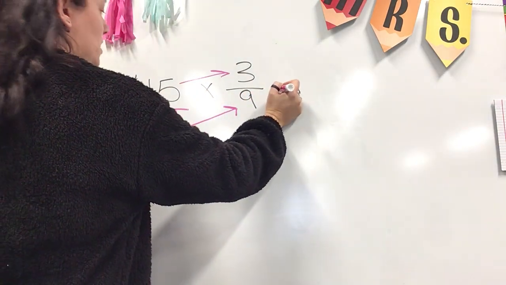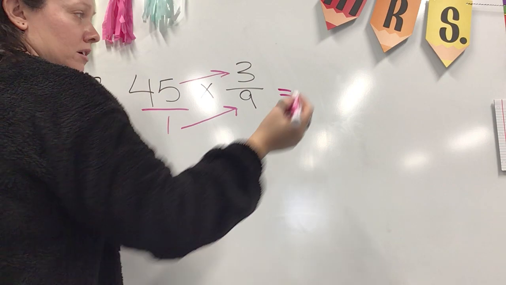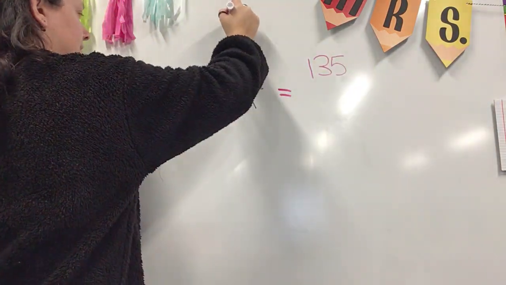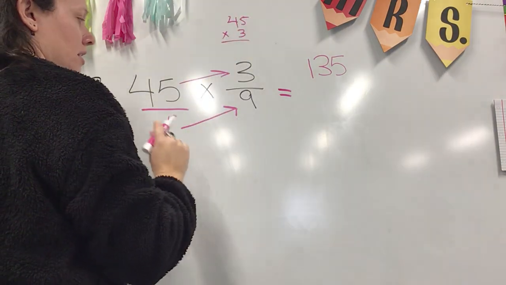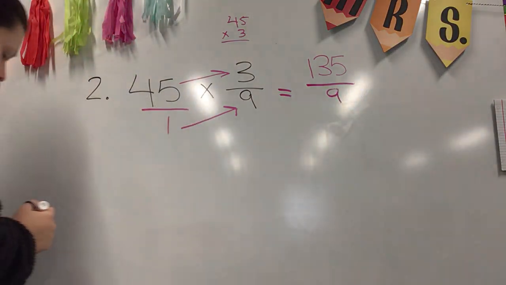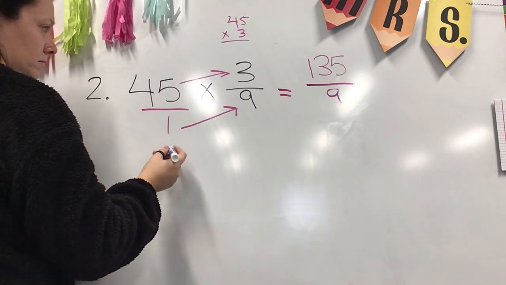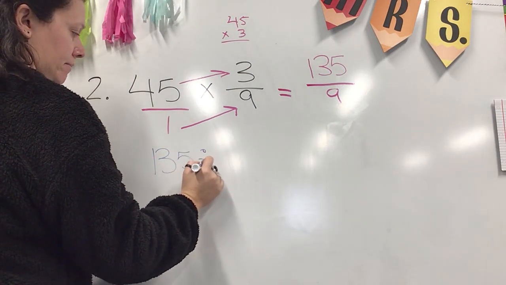So what is 45 times 3? 135. Could you do that mentally? No, so you had to actually write that down, right? 45 times 3 and solve that. Okay? What's 1 times 9? 9. Now, how do I simplify this improper fraction? 135 divided by 9.